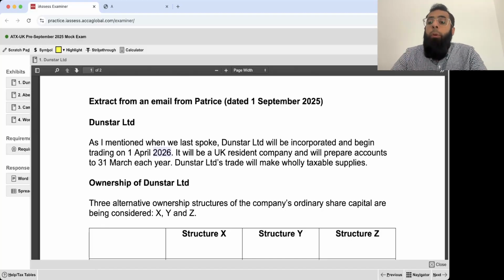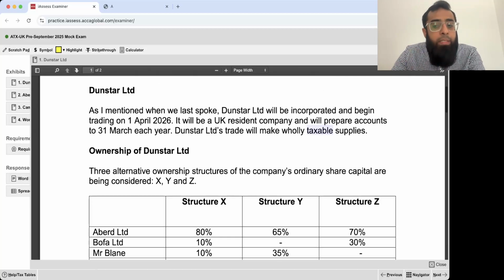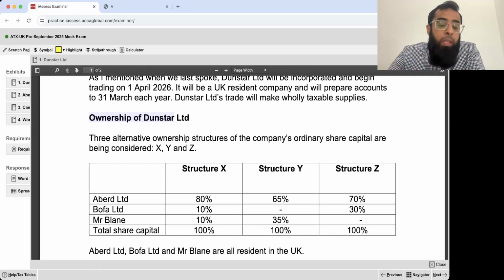It will be a UK resident company and will prepare accounts to 31st March each year. Dunster Limited will only make wholly taxable supplies, which means either standard rated or zero rated. Because standard rated and zero rated are taxable supplies, and then there are exempt supplies.